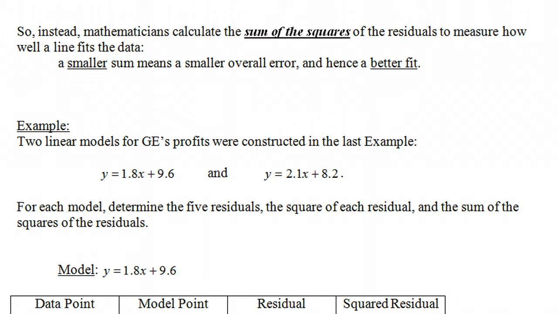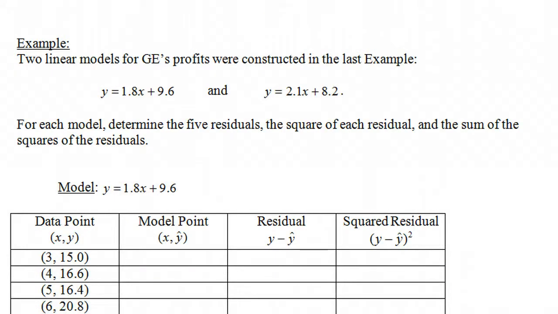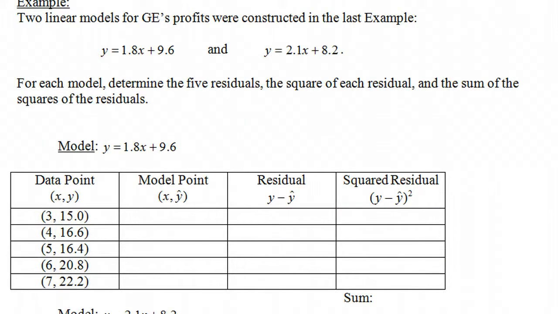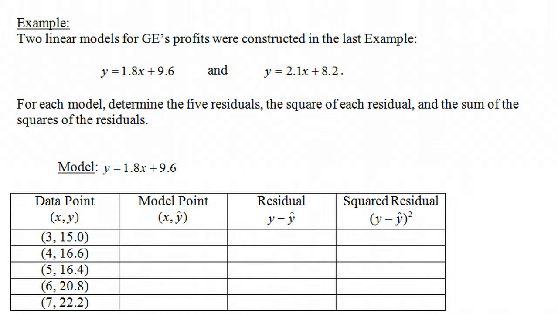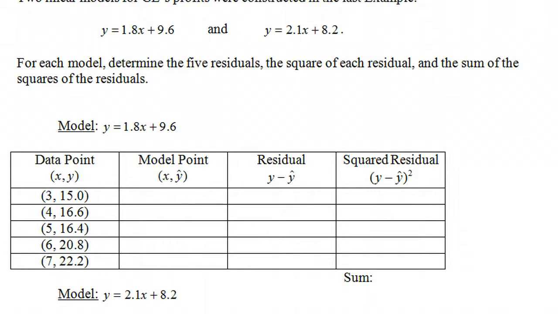That probably sounds a little confusing, but an example will help clear it up. Let's do the example we have been working on. The two linear models that we found for GE's profits were y equals 1.8x plus 9.6 and y equals 2.1x plus 8.2. For each of these two models, determine the residuals, then square each of the residuals, and then take the sum of the squares. Whichever sum is smaller means a better fit for our data.